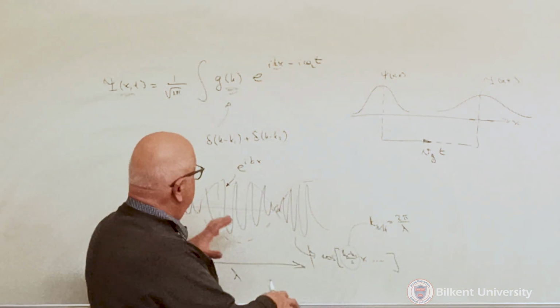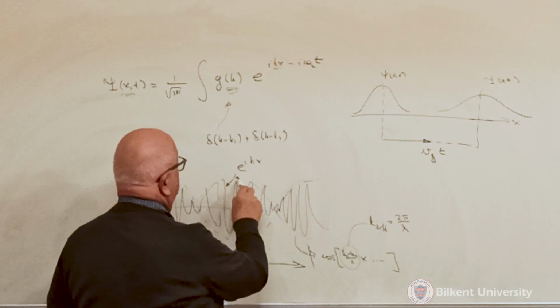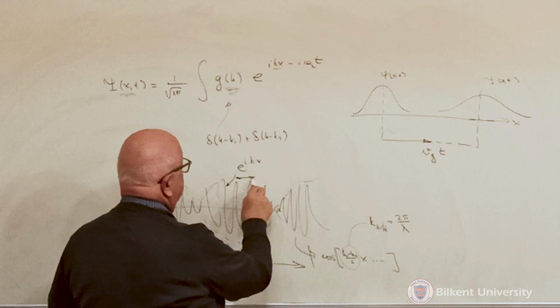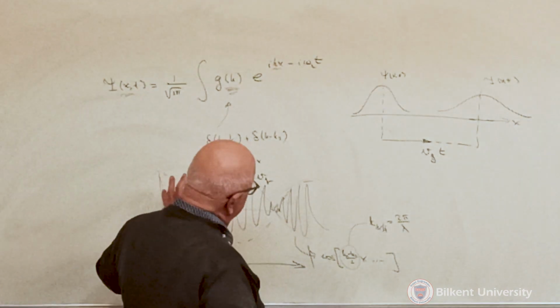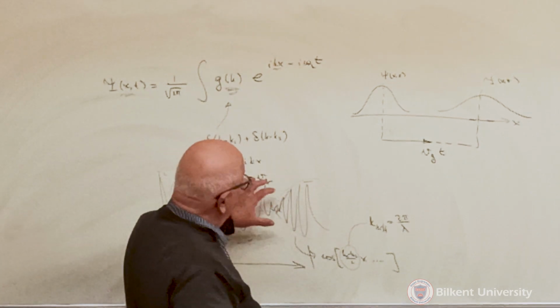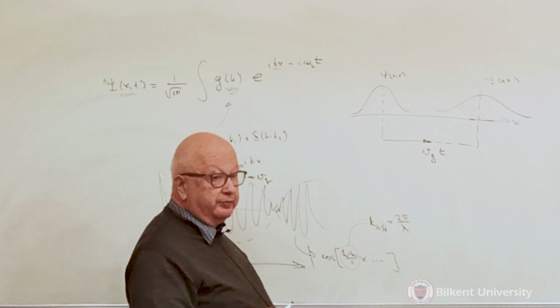Now this thing moves. This envelope itself moves with the group velocity. In this case, it doesn't deform. The envelope is not deformed. It goes without dispersion. Okay, other questions?